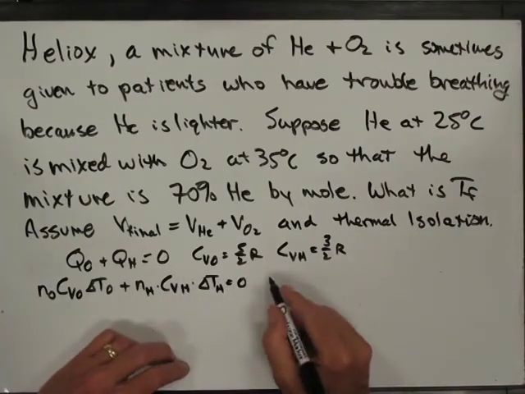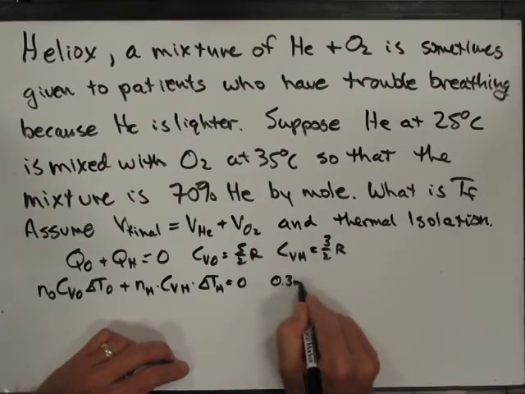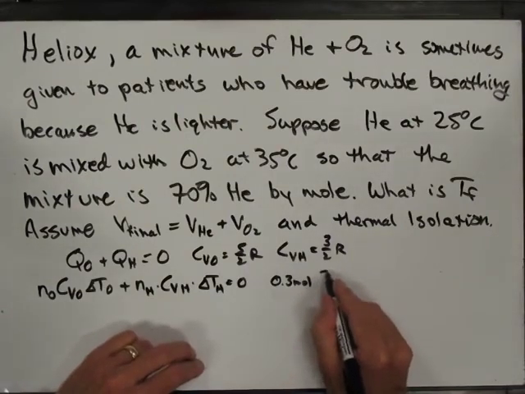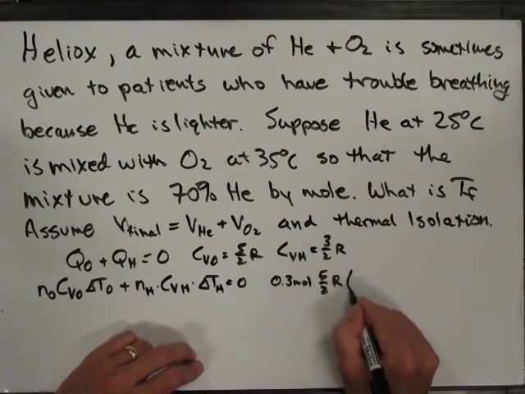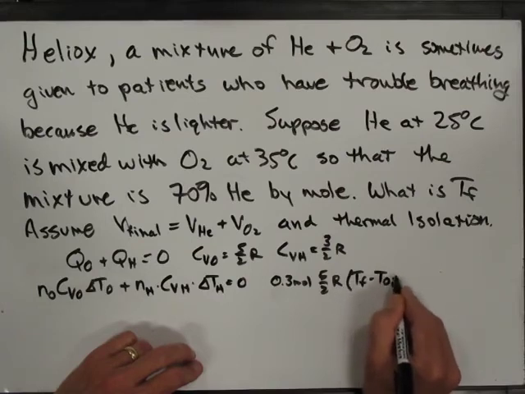And so this would give me, I can write this as 0.3 moles, that's for my oxygen, times 5/2 R, times, if I want, T final minus T oxygen initial, right?